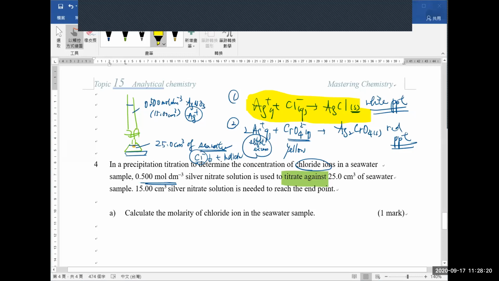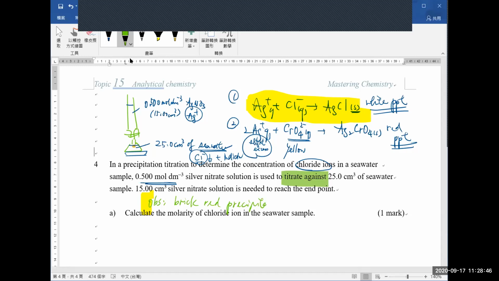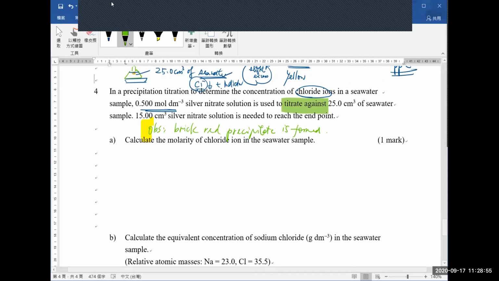Thank you. Now, I would like to invite some people here to tell me the calculations part, the molarity of chloride ion in the seawater sample. I've said before, the observation is that we have brick red precipitate formed. For part A, the calculation of the molarity of chloride ions, first, you need to use which equation?